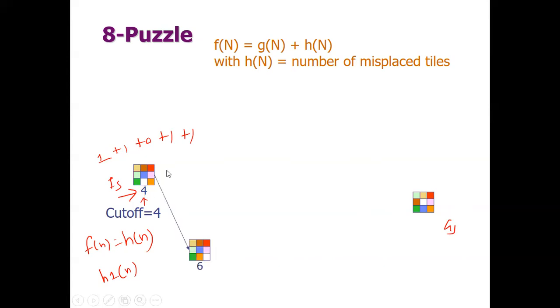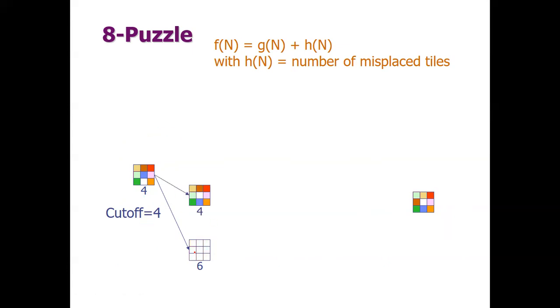Now, this is one possible move. When this yellow is moved here, the h of n or f of n value becomes 6. But we cannot include this because our cutoff is 4, so we won't include it. This is another possible move: you can move this blue down.